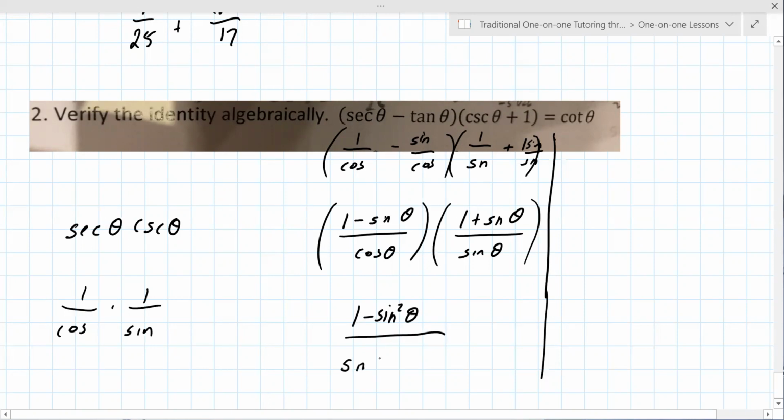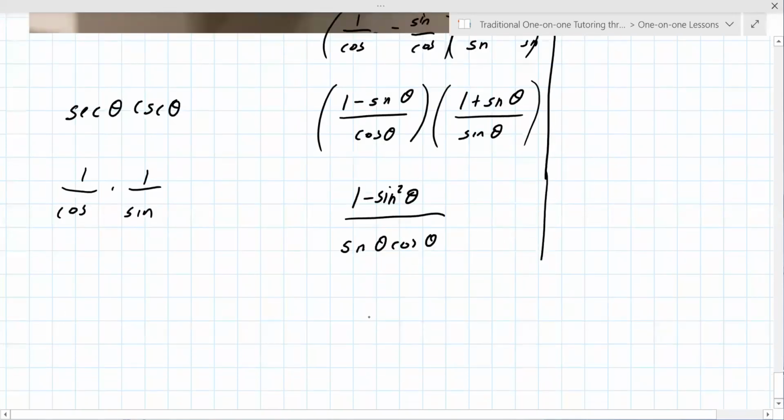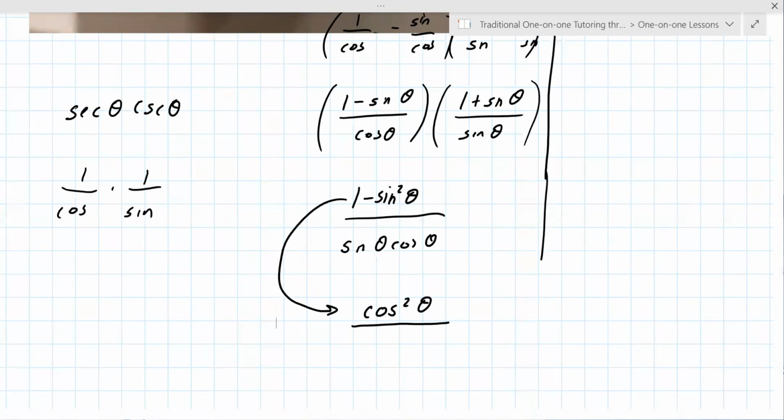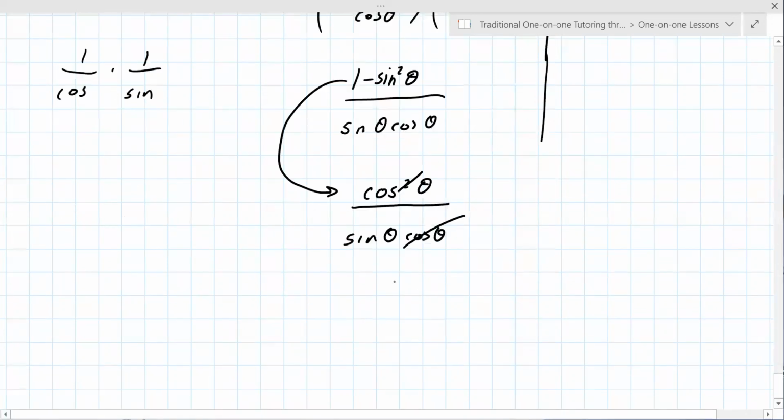On the bottom, you get sine theta cosine theta, or cosine theta sine theta, it doesn't matter. What is 1 minus sine squared theta as an identity? Cosine squared theta. So the top becomes this, and the bottom remains. One of the cosines from the top cancels with one on the bottom. Cosine over sine, which I guess you are expected to write out, is cotangent theta.